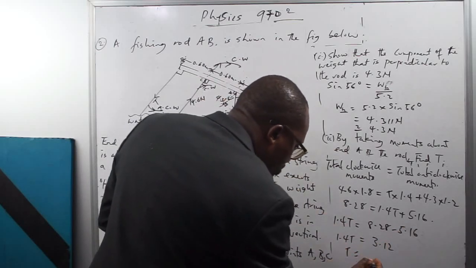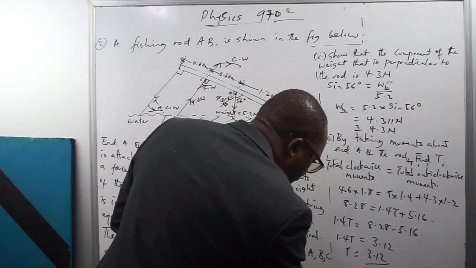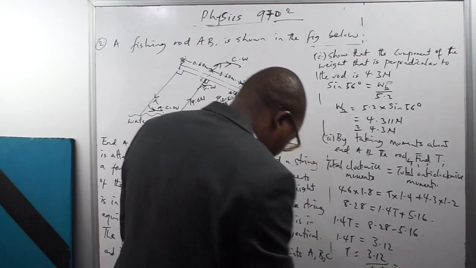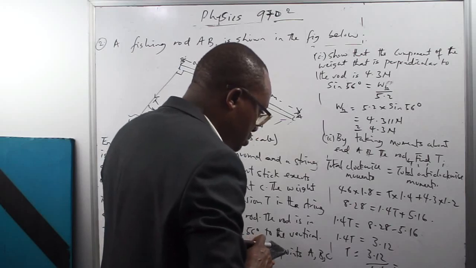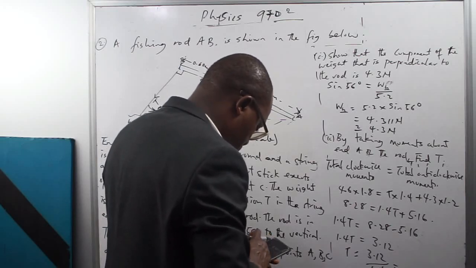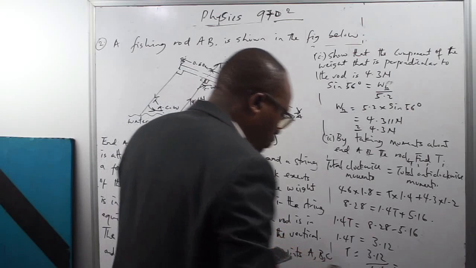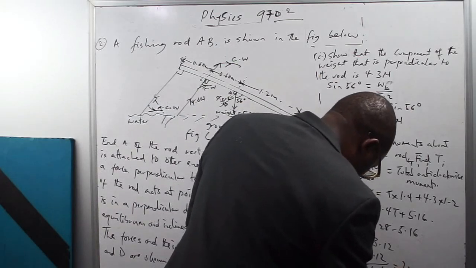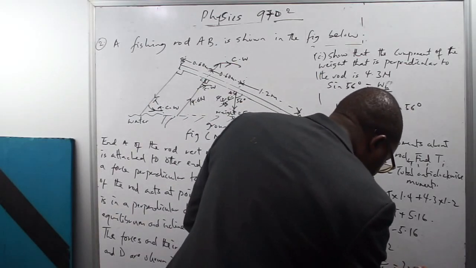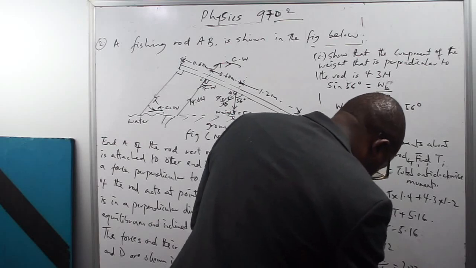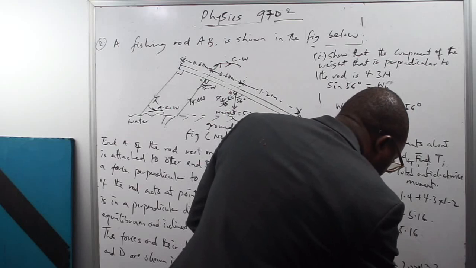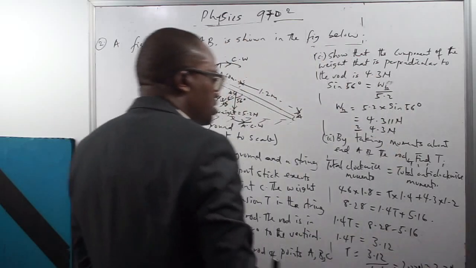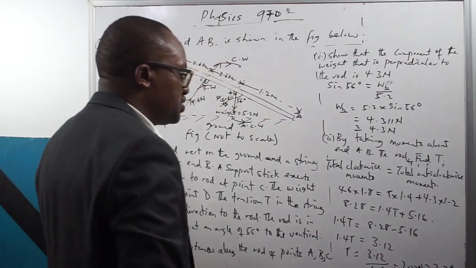So that T becomes 3.12 over 1.4. And that will give you 2.23 newtons, which is approximately 2.2 newtons if you round it up to two significant figures.